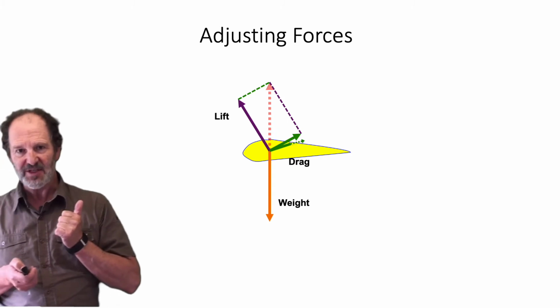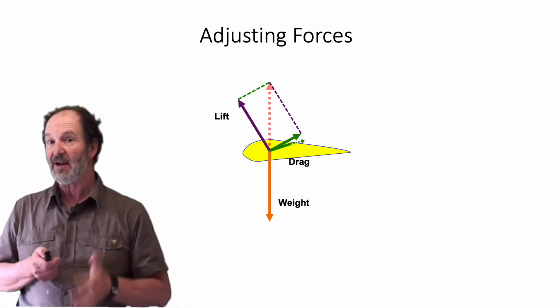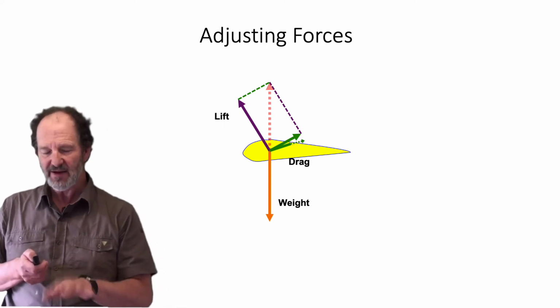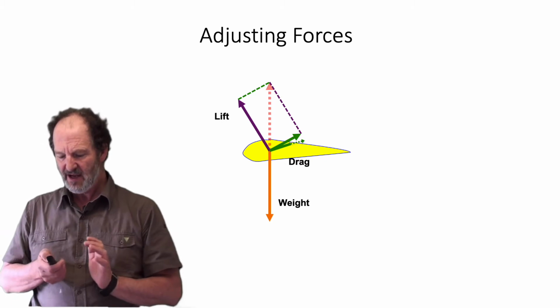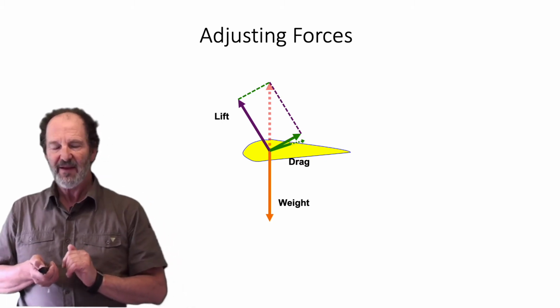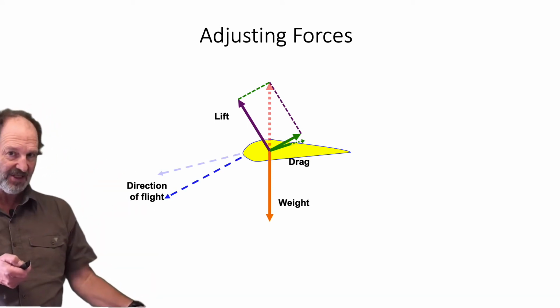So what happens to this if you add more drag? You can do that by flying much more quickly, or by flying very slowly. Get down below the trim speed, and you add more drag. Well, in that case, the drag arrow gets longer, the lift arrow is relatively shorter, and the direction of flight gets steeper.